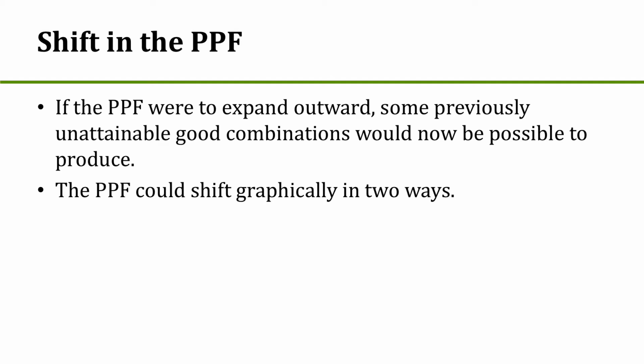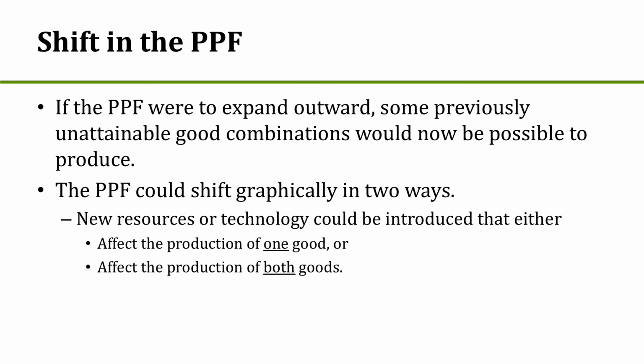The first two assumptions were fixed resources and fixed technology. Right now we are trying to ease these two assumptions. We will say what happens if we have new resources, more resources, or more technology. In this case, the PPF will shift, but the PPF can shift in two different ways.